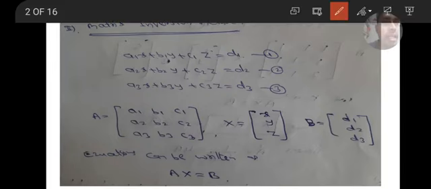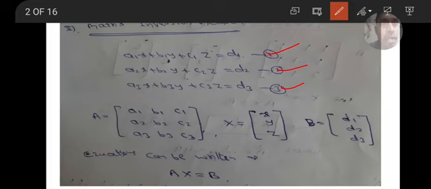Let us take three equations: a1x plus b1y plus c1z equal to d1, a2x plus b2y plus c2z equal to d2, a3x plus b3y plus c3z equal to d3. These are the three equations we have to solve, which means we need to find the x value, y value, and z value.